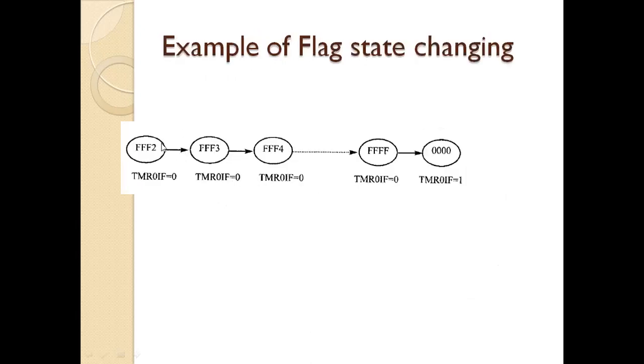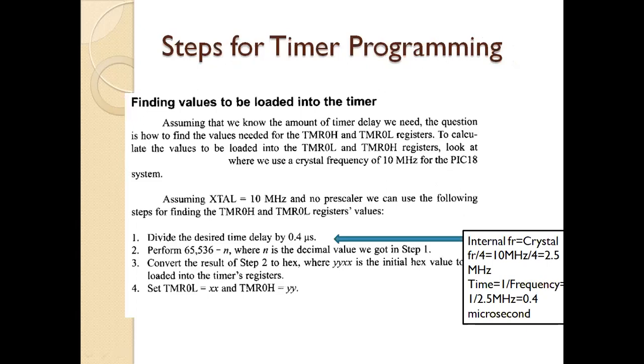Suppose, for example, my initial value is FFF2, then the flag is 0, FFF3, the flag is 0. Whenever FFFF, the flag is 0, and in the next cycle when it is incremented again, the flag becomes 1. This is the most important thing: how you are going to calculate which value to load into the timer register.